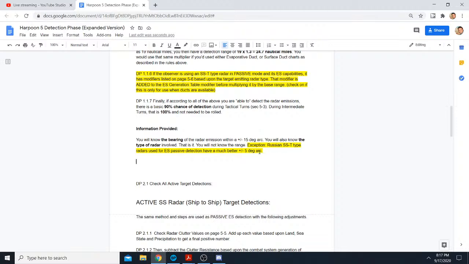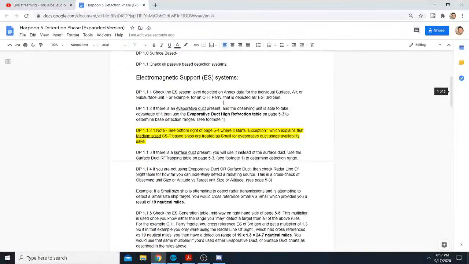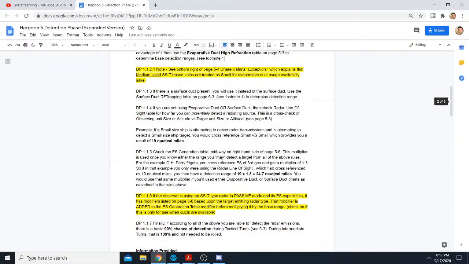So this will give you a little bit more precise targeting of an enemy ship while still in passive mode.